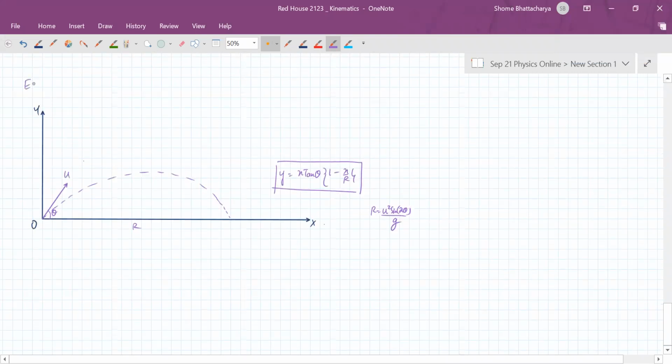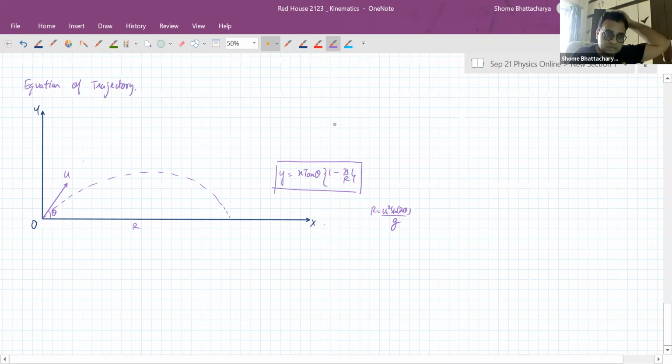Sir, in the last question where we had y equal to minus 60 and we had to find the range, this would not have worked. This can still work, but you have to understand that you have to modify this a little.